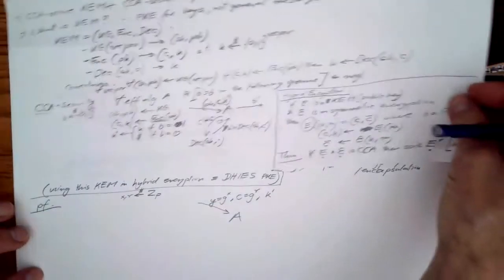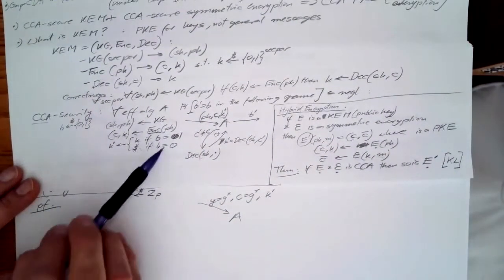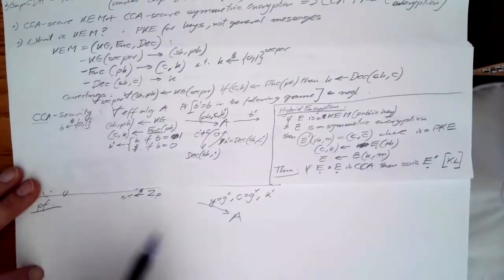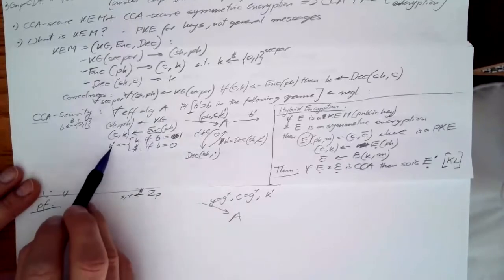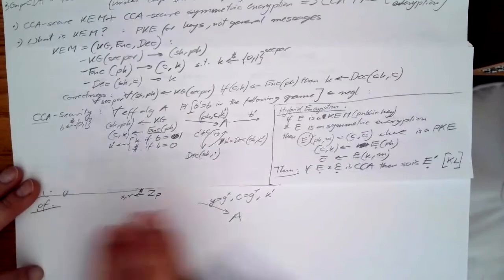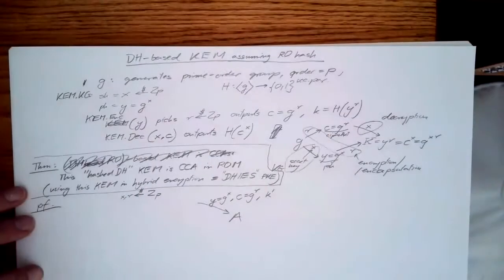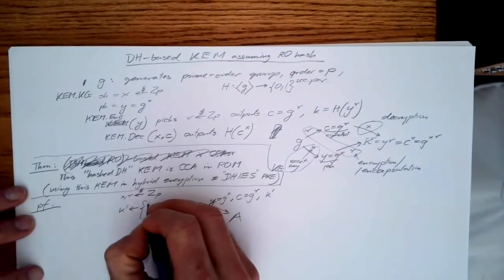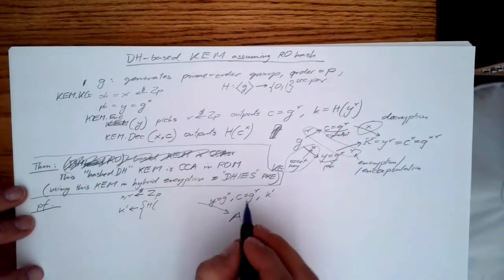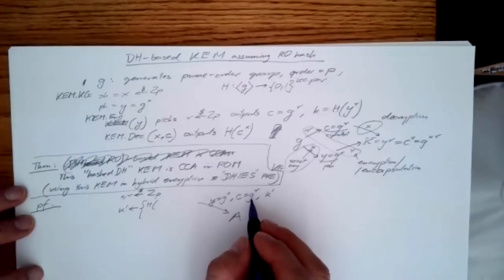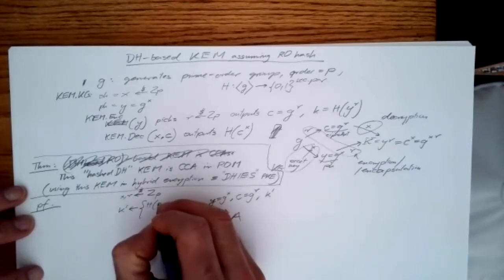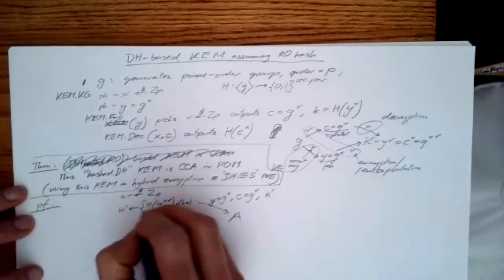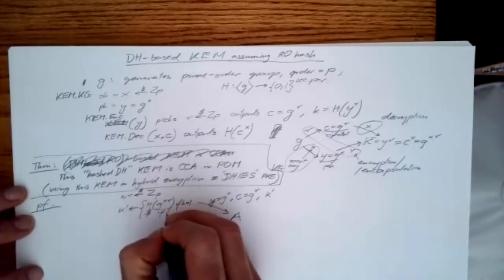Because what does the attacker get in a KEM scheme? He gets a public key, so this is G to the X. He gets a ciphertext, this is G to the R, and he gets a string which is either the right key or a random one. So K prime is either the hash of the right thing, the decapsulation, the ciphertext G to the R to the X, so it's hash of G to the XR if the challenge bit is 1, or a random string if the challenge bit is 0.